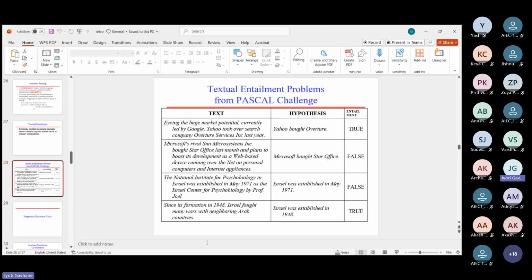That is, Israel was established in May 1971. That's why the entailment for two statements, or for two hypotheses, the entailment is wrong, and for two statements the entailment is correct. So such case studies happen in any of the languages.